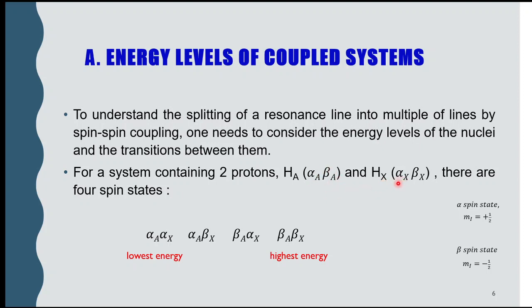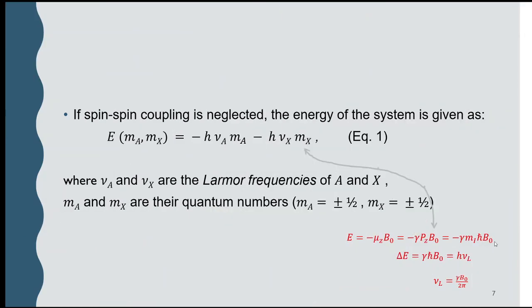And for the proton X you will have alpha X and beta X. When they combine, there are four spin states. The lowest energy is always the alpha A, alpha X, and the highest extreme will be the beta A, beta X. In between you have alpha A, beta X and beta A, alpha X. And remember that the alpha spin state is positive half and beta is negative half.